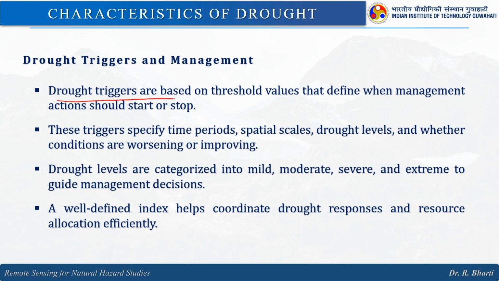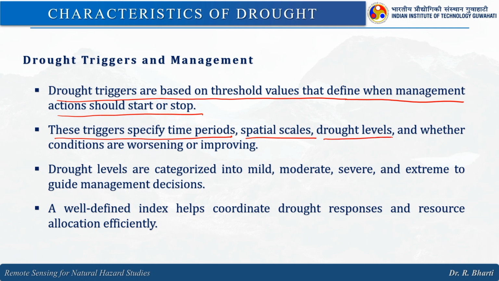Drought triggers are based on threshold values that define when management actions should start or stop. These triggers specify time period, spatial scale, drought level and whether conditions are worsening or improving. So, we need to keep on monitoring all the parameters.